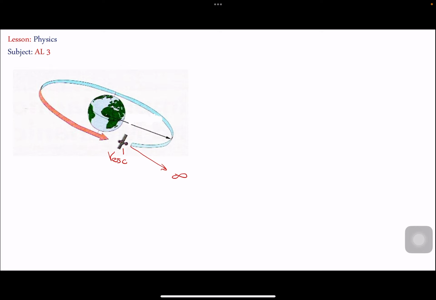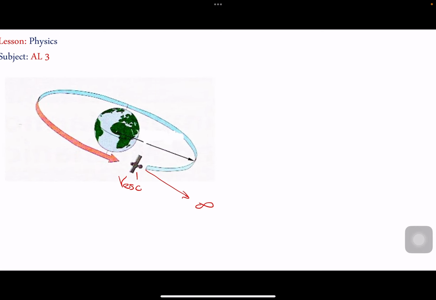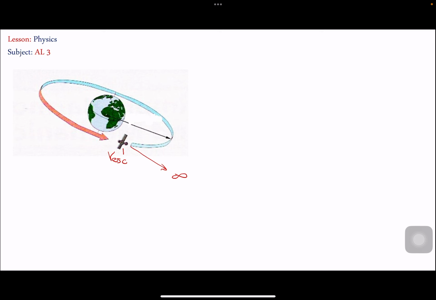Now all I have to do is calculate the sum of potential and kinetic energy on that exact orbit. So now I will write here that r is not close to the radius of Earth, is not the same.